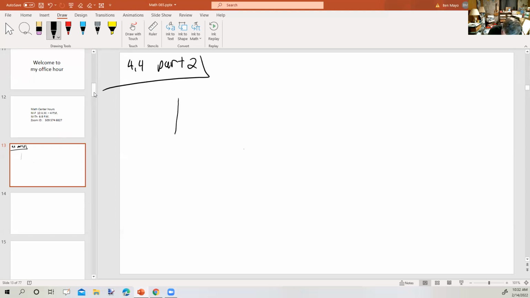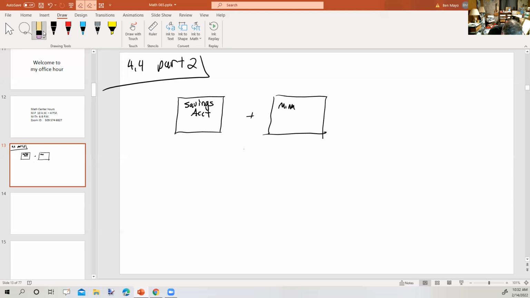So we've got the savings account and the mini mall. Now, there's a couple of different ways we can set this up, and I'm going to use this. So this is going to be the savings account, and this is going to be the mini mall. I'm going to let X be the amount invested in the savings account and Y be the amount invested in the mini mall.